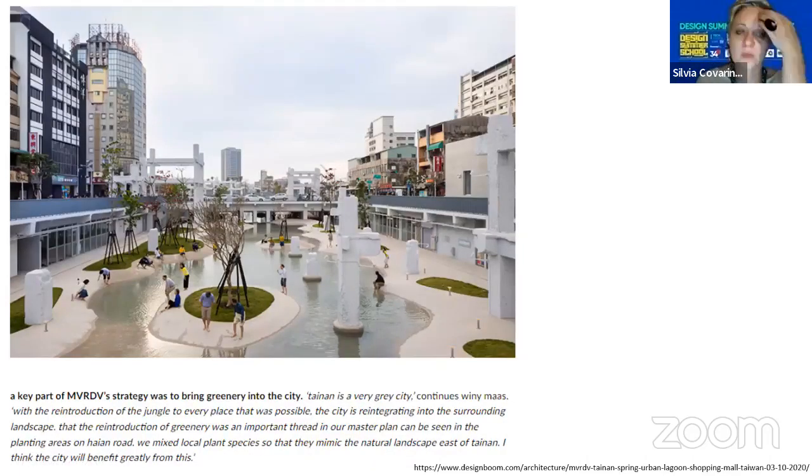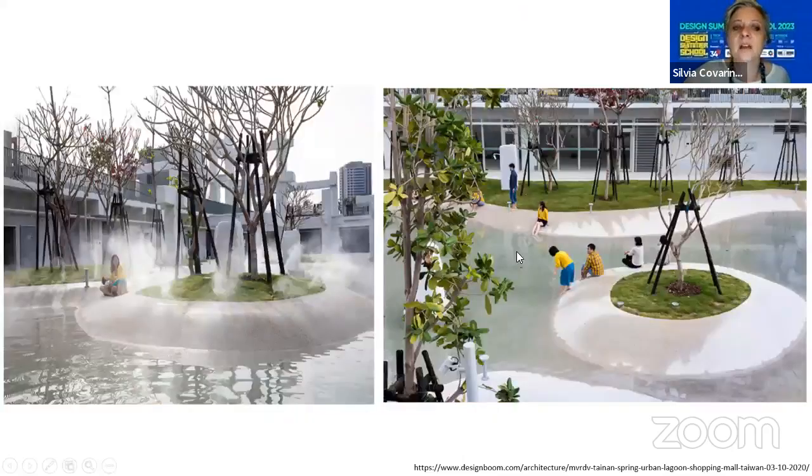Now, the strategy is to bring greenery back into the city. Again, it is the mix of the element of the water and the element of the green design. And this generates this artificial landscape, not really natural. But this is how people enjoy and use it, and also this effect with the vapor.